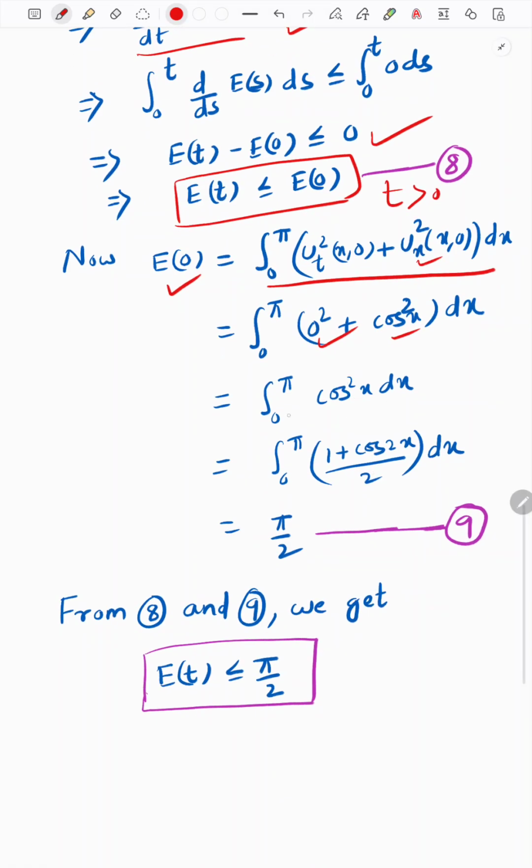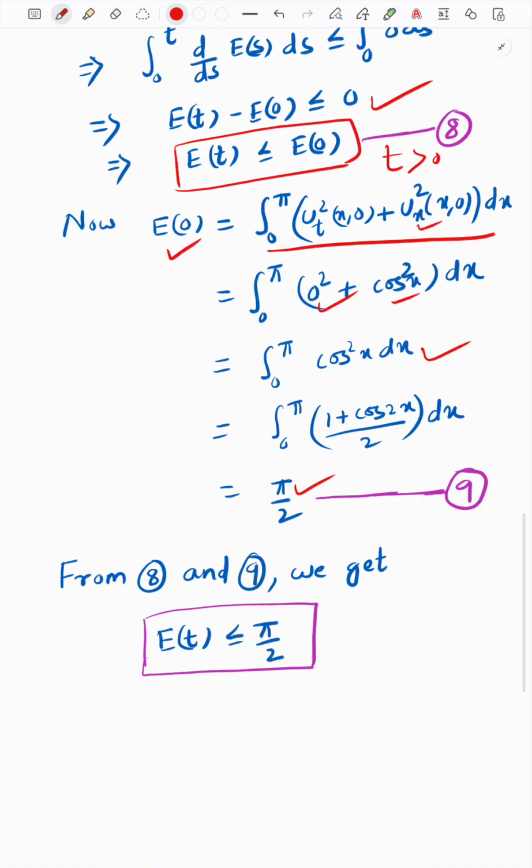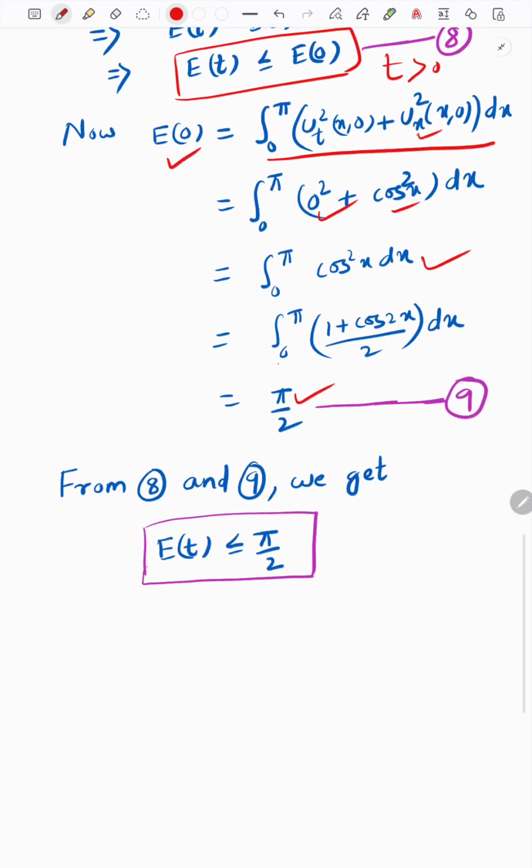And if you apply some integration technique on cos square x by using class 12 integration, then you will reach this pi by 2. Since the cos x integration will give sin x, and the sin function vanishes at 0 and pi, it will not give any contribution, therefore it will give pi by 2.